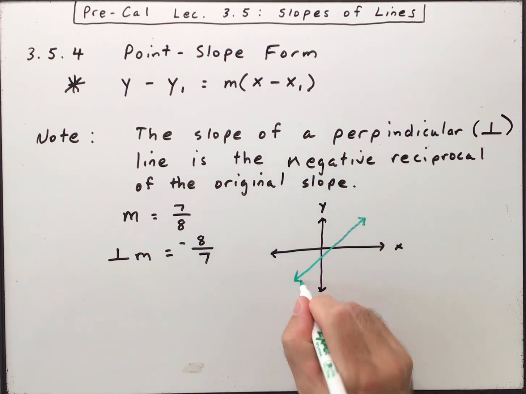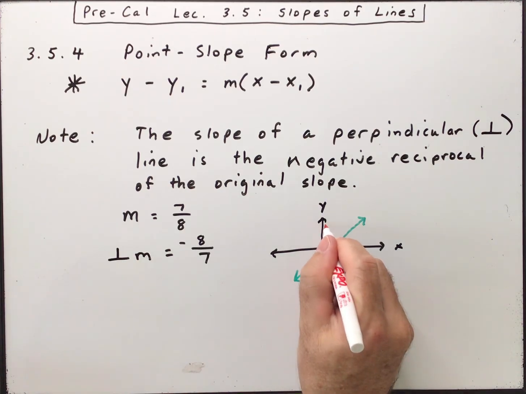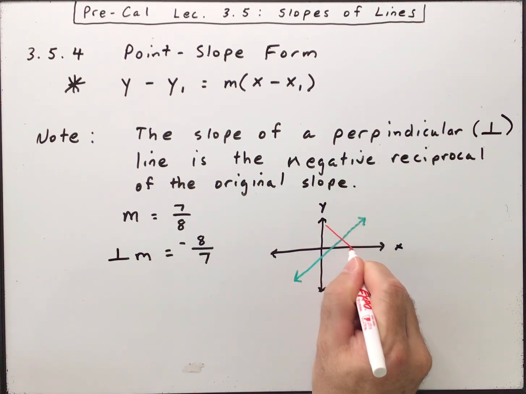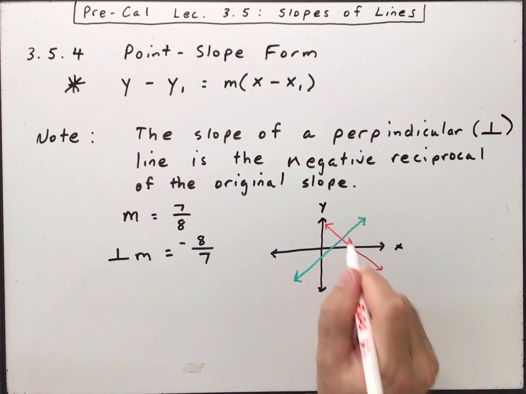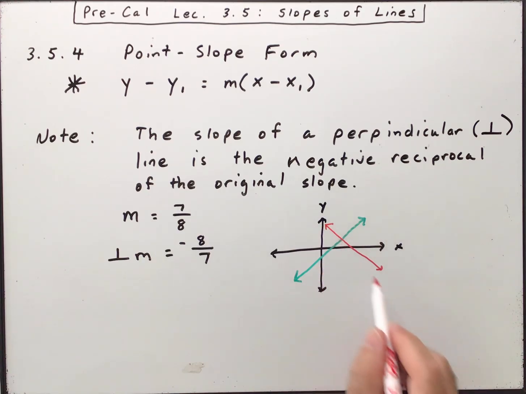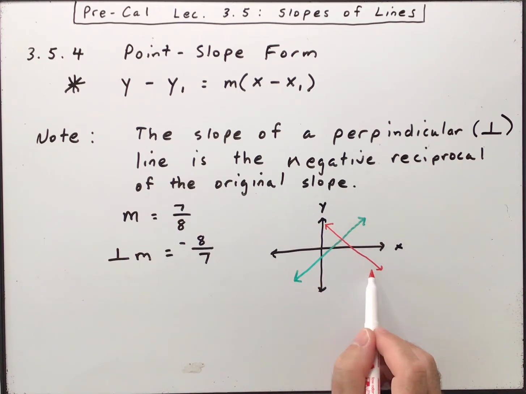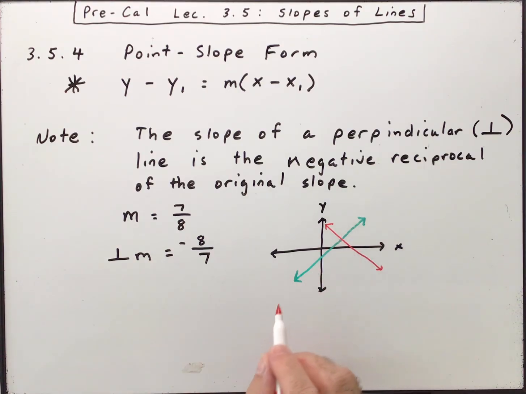A red marker just fell. If you want to get the slope of a perpendicular line, all you need is the point on the original line, which you have there, and it's perpendicular, and the slope of the red is the negative reciprocal to the slope of the green.